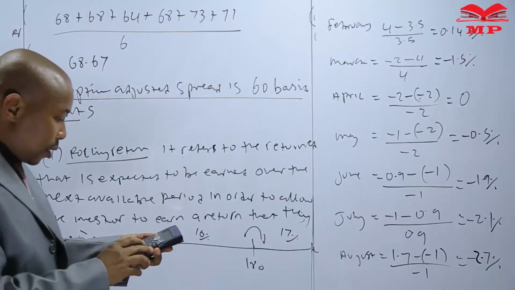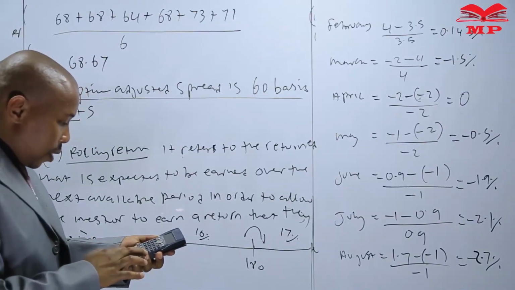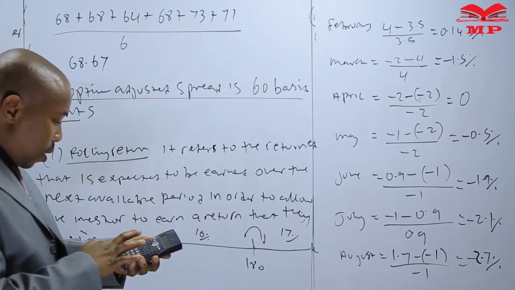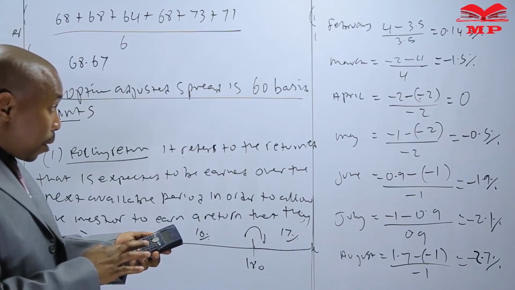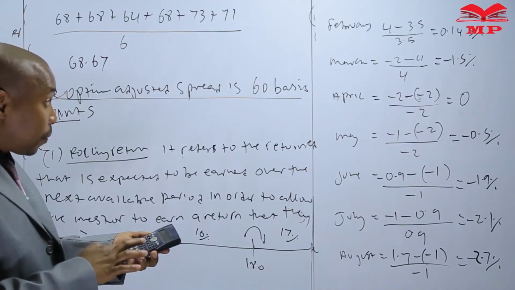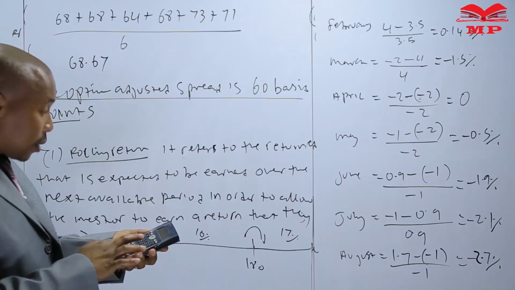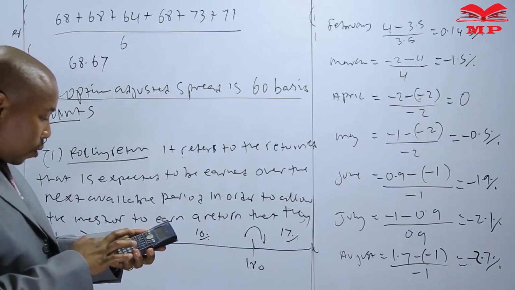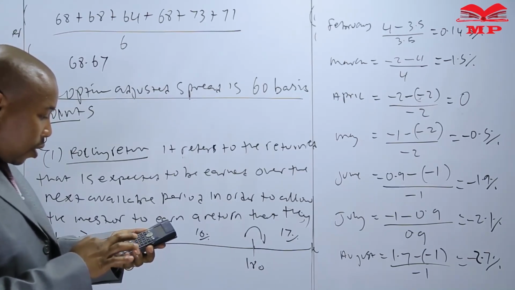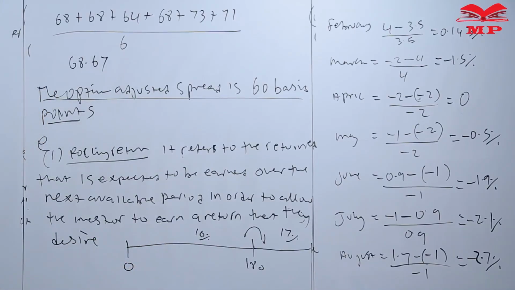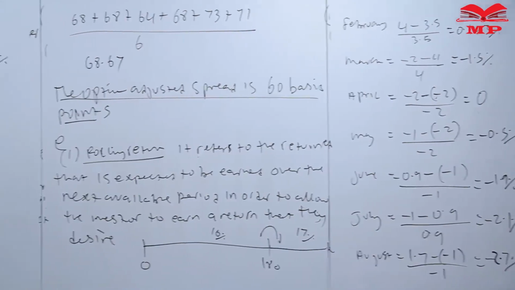So minus 2.7, then minus 2.1, minus 1.9, minus 0.5, minus 1.5, and then plus 0.143, we have minus 7.968.